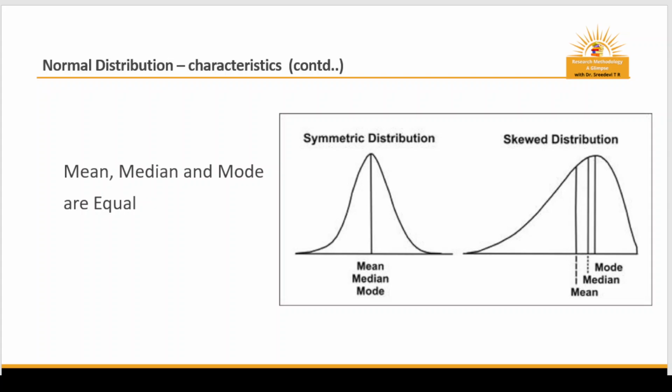The other picture shows a skewed distribution. This is a negatively skewed distribution. So, this is the difference between symmetric distribution and skewed distribution. In symmetric distribution, mean equals median equals mode. And in skewed distribution, these three measures of central tendency are not equal.